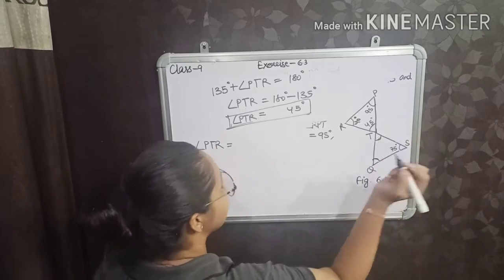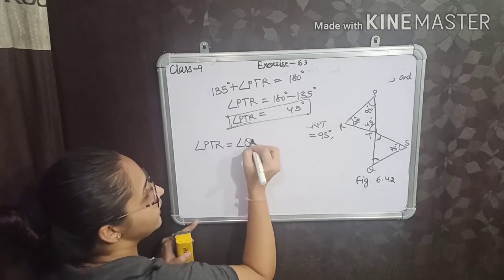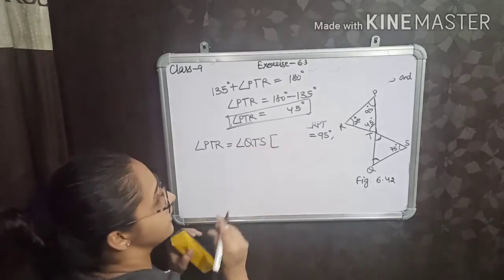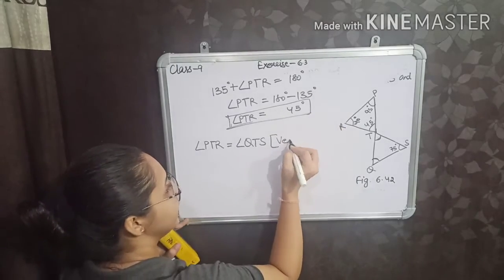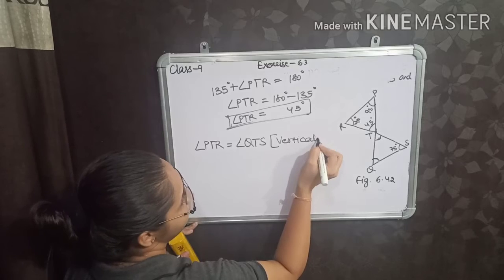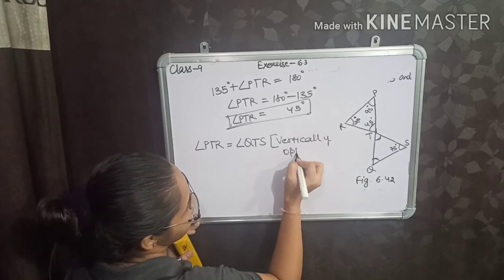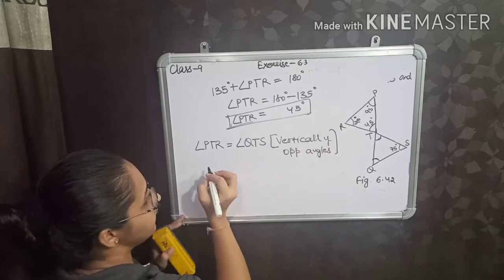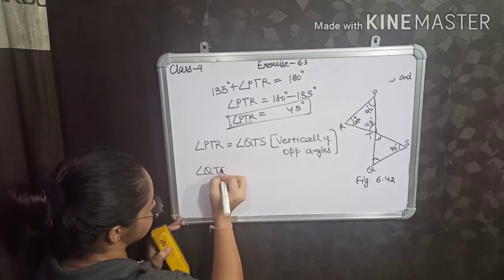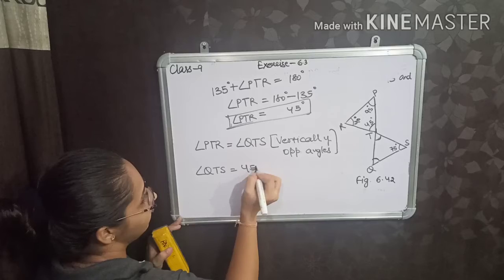These two angles are equal. Angle PTR is equal to angle QTS. Why? Reason is vertically opposite angles. Okay. So it means angle QTS is 45 degree.